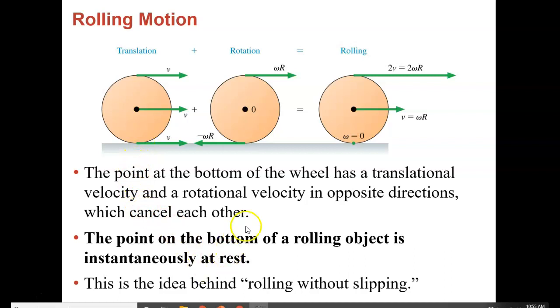So the point at the bottom of a rolling object is instantaneously at rest. Hopefully that makes sense to you. This is the idea behind rolling without slipping: momentarily it's not moving right there, every other part is. Its linear velocity is canceled out by its rotational velocity, so momentarily it doesn't move.